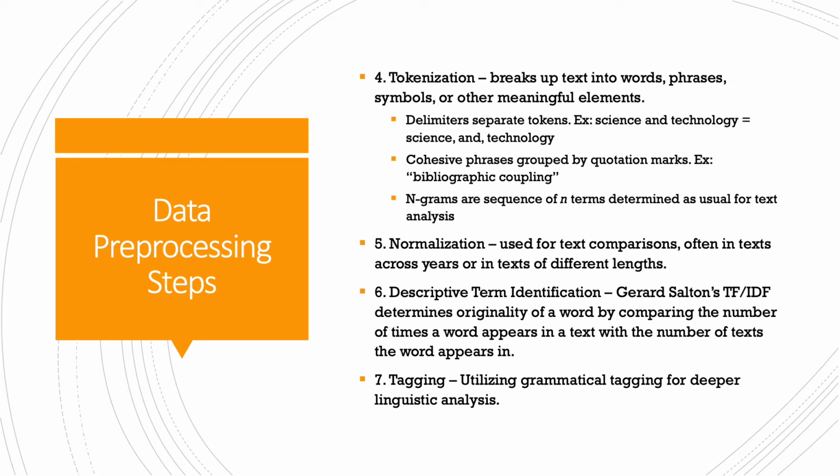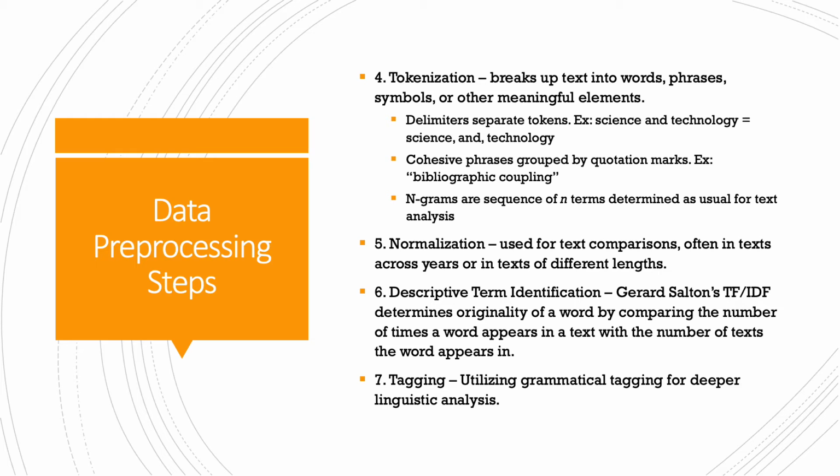Normalization is used for text comparisons, often in text across years or in text of different lengths. So you would create those parameters. Descriptive term identification works off of the work of Gerard Salton's TF over IDF, which determines the originality of a word by comparing the number of times a word appears in a text with the number of texts the word appears in.